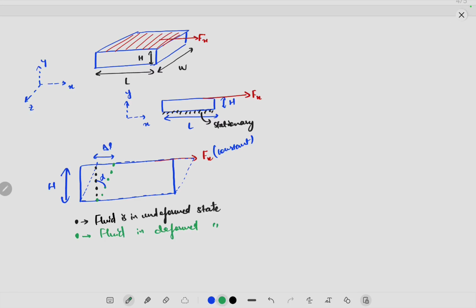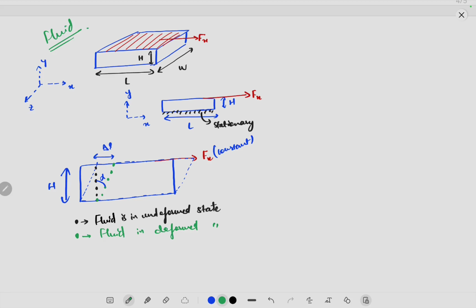So now we want to analyze what happens to a fluid. I have just copy pasted some figures from the previous part. Again, let's assume a hypothetical experiment where we have a fluid element and a force Fx is applied on the top surface of this fluid element.